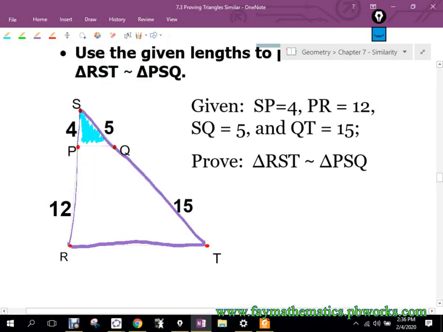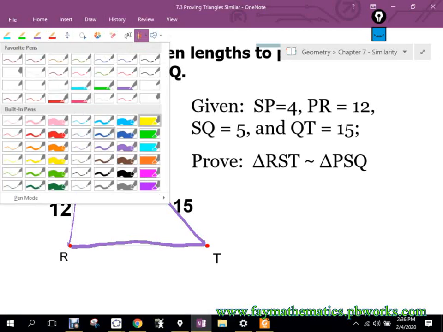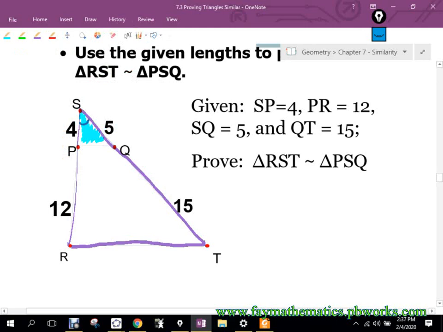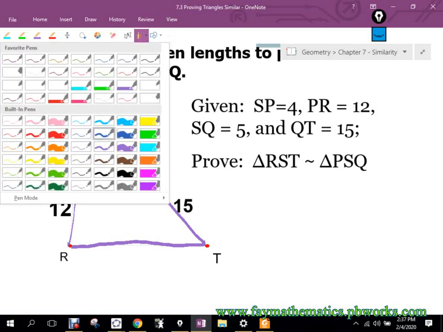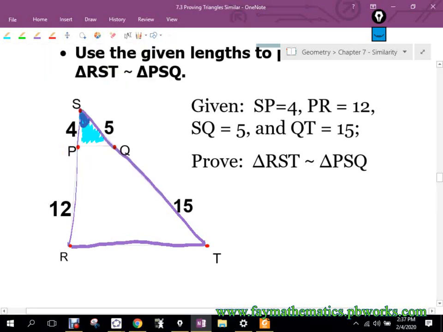The reason they like to overlap triangles when we talk about side angle side is that we can see right there that angle is angle S, part of the blue triangle and part of the purple one. So they use that reflexive idea to help get that A that is in side angle side.